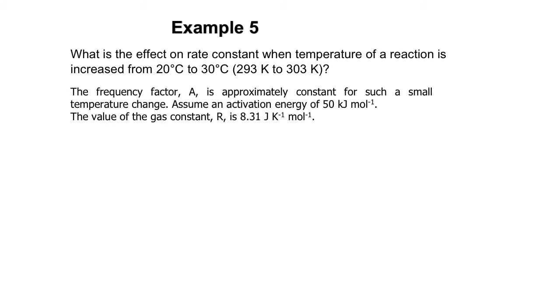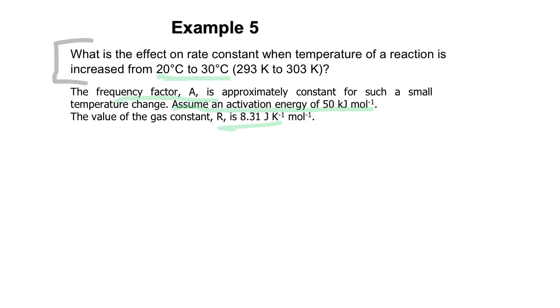So in this example 5, you are asked to compare the rate constant at two different temperatures. So the question is here, the only thing that is really given is the temperature change, R value, and you're asked to assume the activation energy is 50 kilojoule per mole.